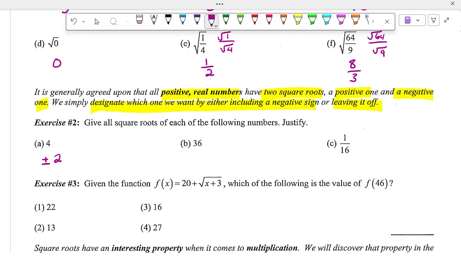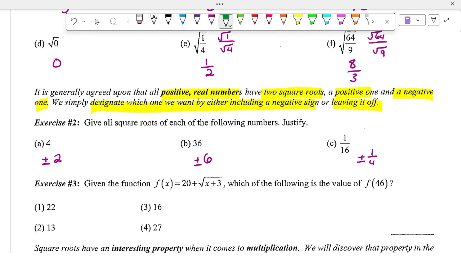What about 36? 6 and -6. So plus or minus 6. What about 1/16? Plus or minus 1/4.